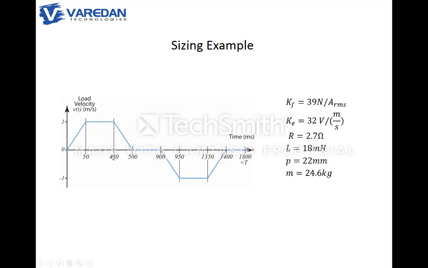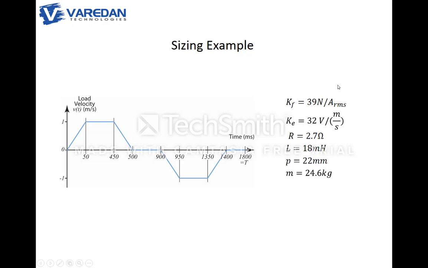At 450 milliseconds, again, the velocity is 1 meter per second, and so forth. We assume that this is periodic motion for the purposes of computing average power dissipation and average currents. And for the motor parameters, we'll take the values listed here.